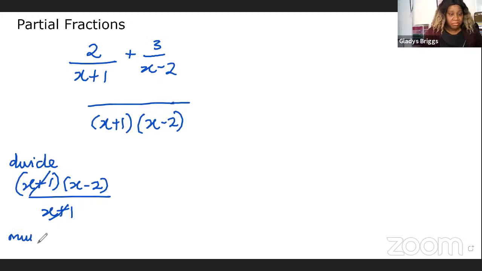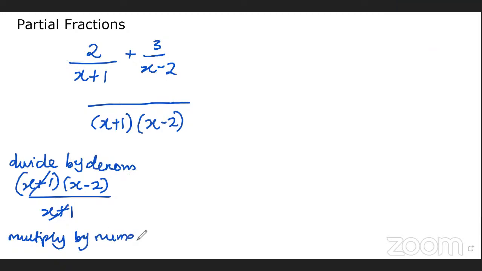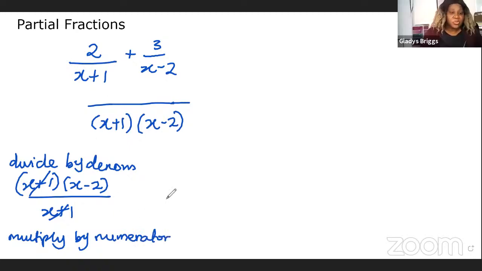Then you multiply by the numerator: divide by the denominator, multiply by the numerator. So you would have 2 times x minus 2, because that's what you have left.